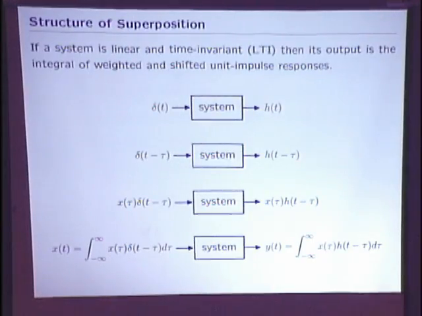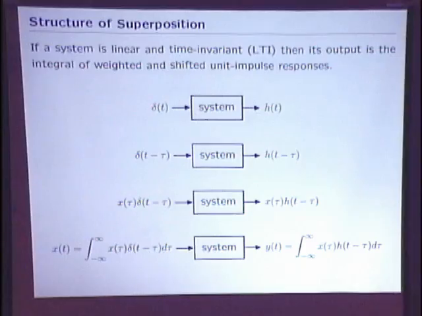Once I have it in that form, the argument is precisely the same for CT as it was in DT. Imagine that I have a linear time-invariant system. Linear means that I can compute the response to a sum as the sum of the responses. Time-invariant means that shifting the input merely shifts the output. Doing the experiment tomorrow is the same as doing the experiment today, except it's now a day later.